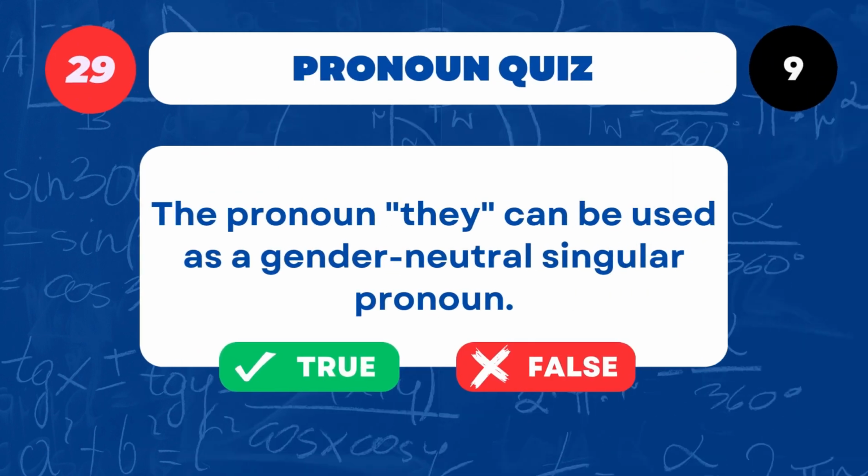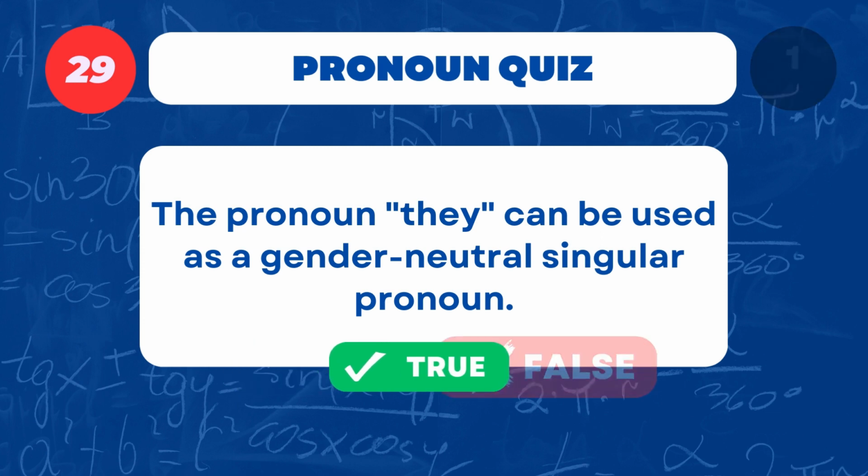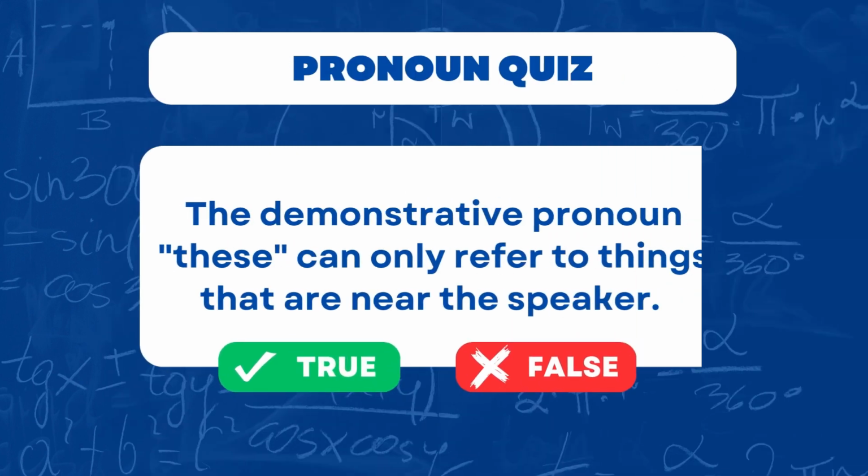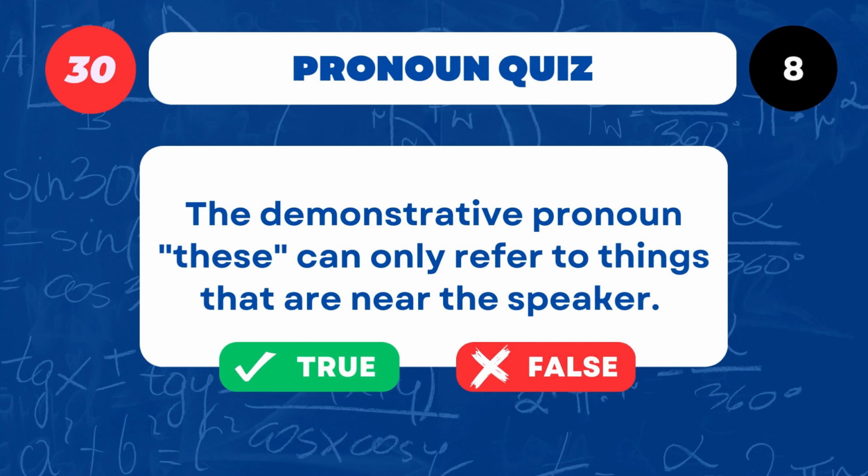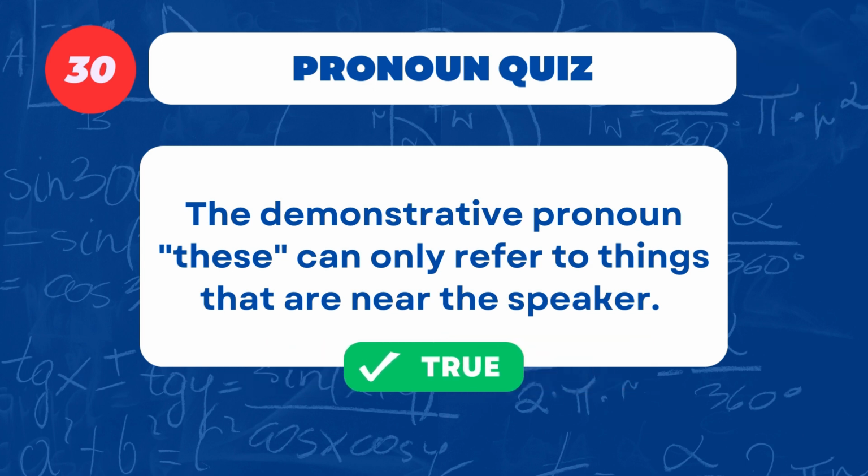The pronoun they can be used as a gender neutral singular pronoun. True. The demonstrative pronoun these can only refer to things that are near the speaker. True.